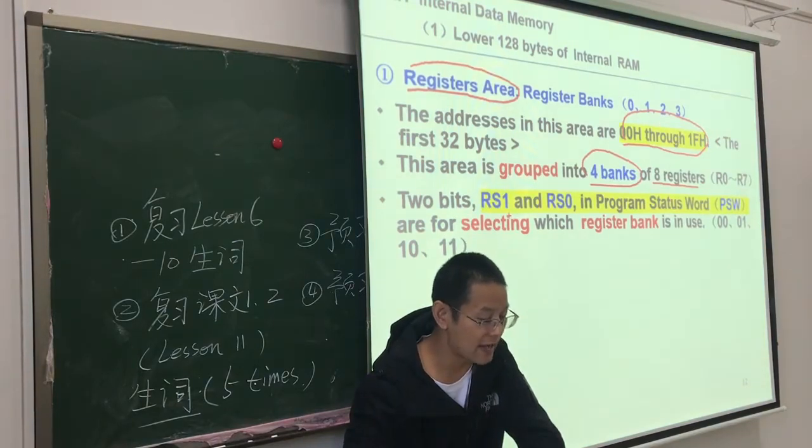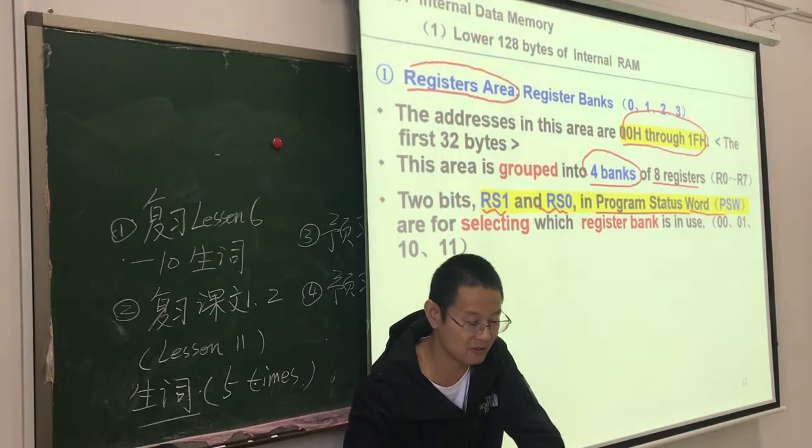You can select which bank you want to use according to RS1 and RS0 in the PSW, the program status word.